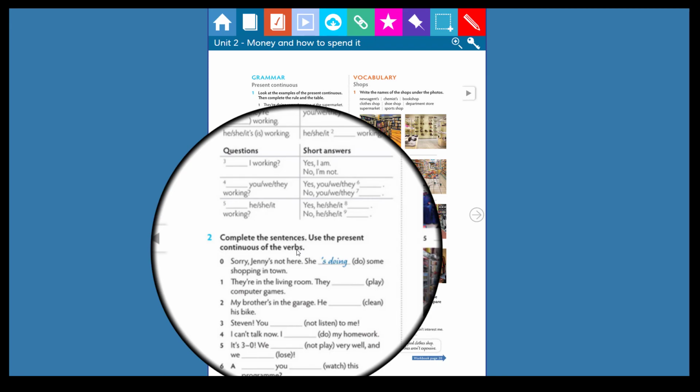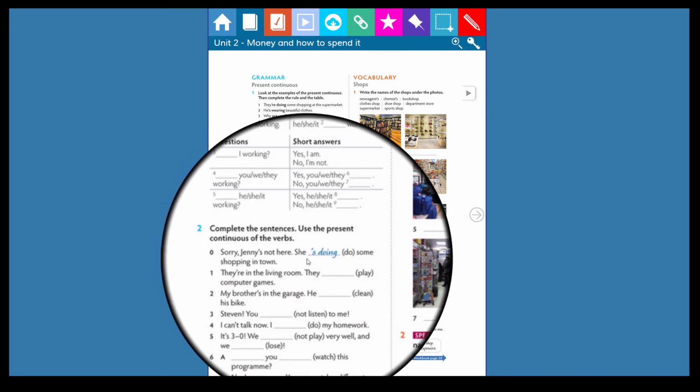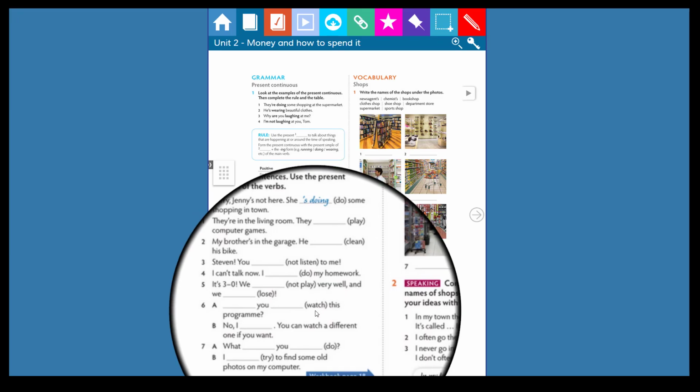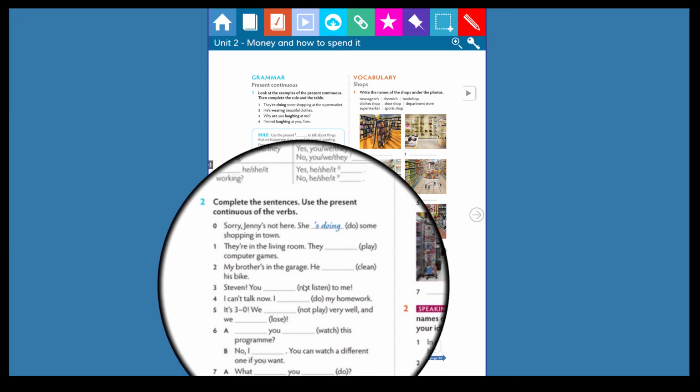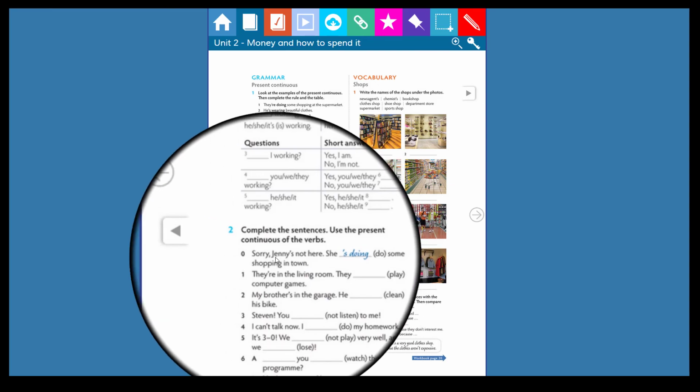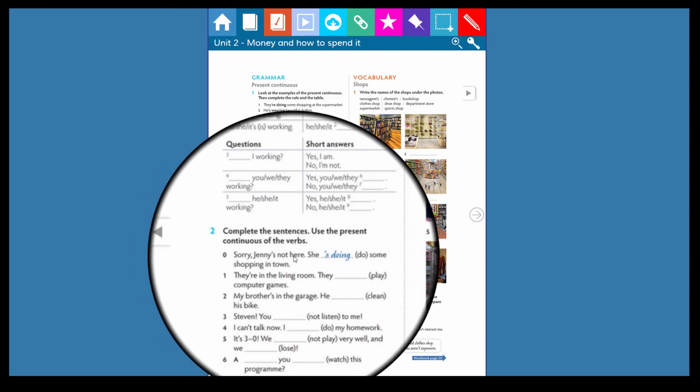And here we have different sentences, remember, in affirmative, negative, and interrogative form. And you have to use the verbs in parentheses. And you have to complete the spaces here with the correct use of the present continuous. Look at the example. Sorry, Jenny's not here.